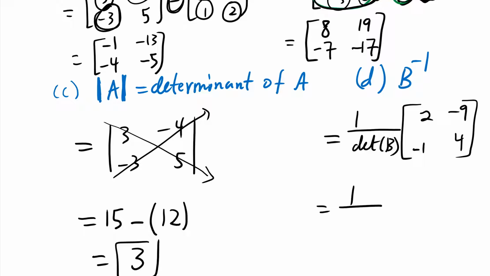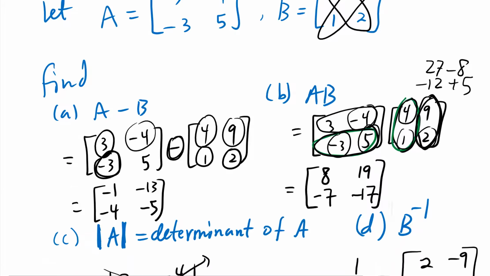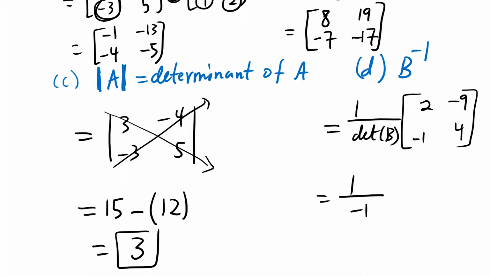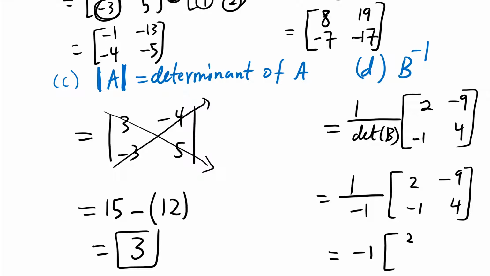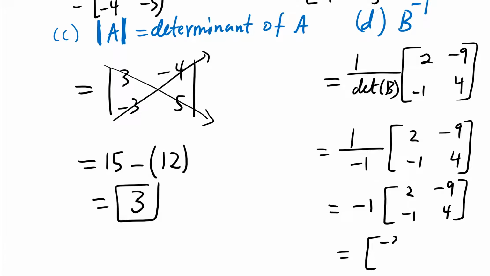And what's the determinant of B? Well, 4 times 2, 8, minus 9, negative 1. This stays the same. That's negative 1 times 2, negative 1, negative 9, 4. And as a last step, we multiply everything by negative 1. You get negative 2, 1, 9, negative 4.